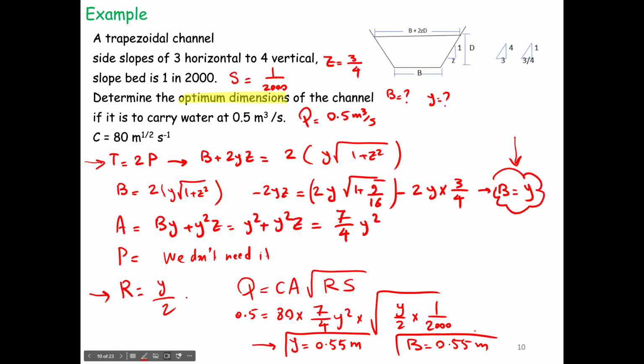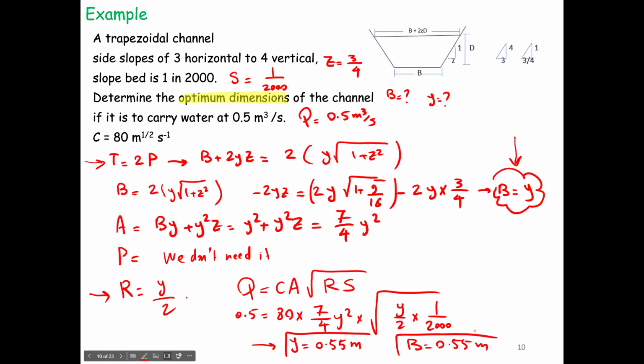Again, for Z, make sure that you have one vertical, everything Z horizontal. If you have something like that, change it, divide it by anything, multiply it by anything to make sure you have the number for horizontal, one for vertical. And in this case, you can easily write Z, the number that you have for horizontal one.